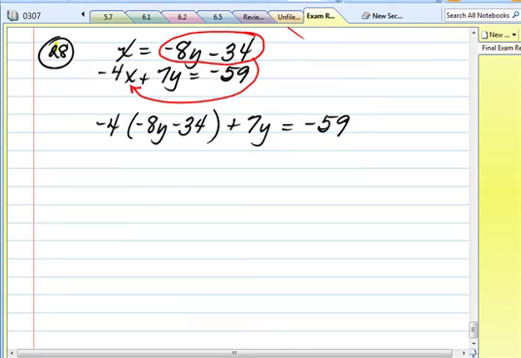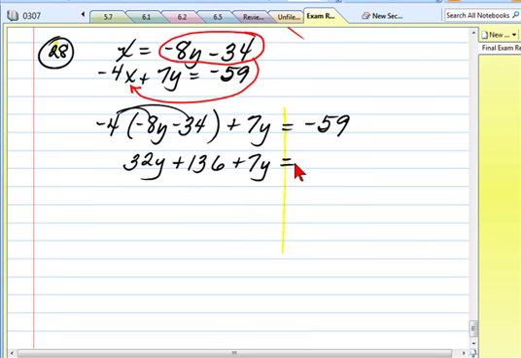All right, I'm going to simplify a good bit on the left-hand side. Distributive property first. That gives me 32y plus 136 plus 7y. Can I simplify more? Combining like terms, I have 39y plus 136.